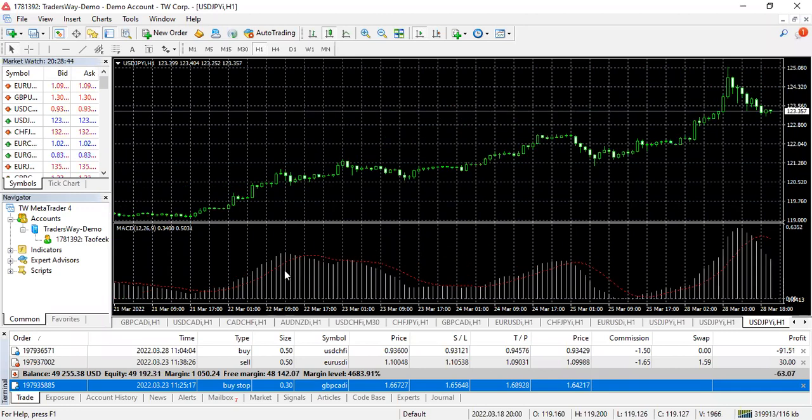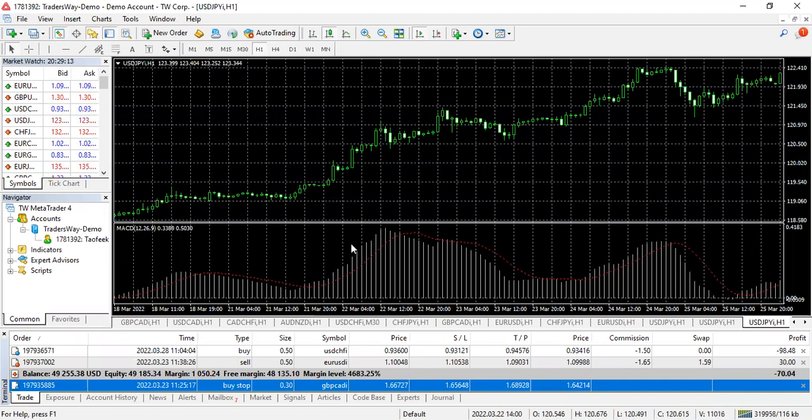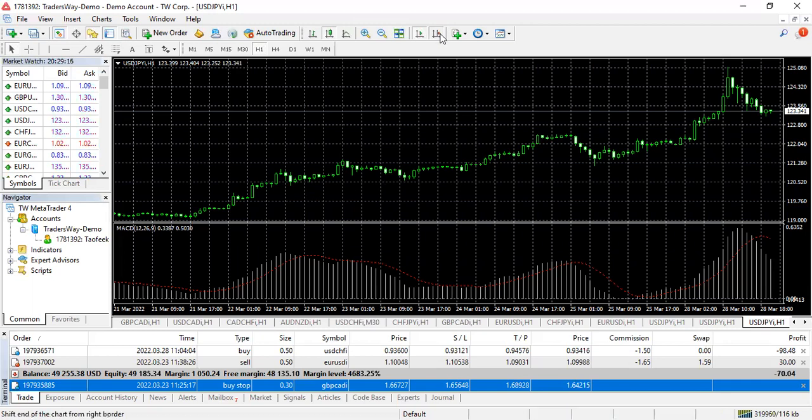Can you see how it works? Any leading indicators can show us if the market is getting overbought or oversold. So leading indicators can let us identify when we can have a possible point of reversal in the market. Something like this, can you see the market is ranging here?